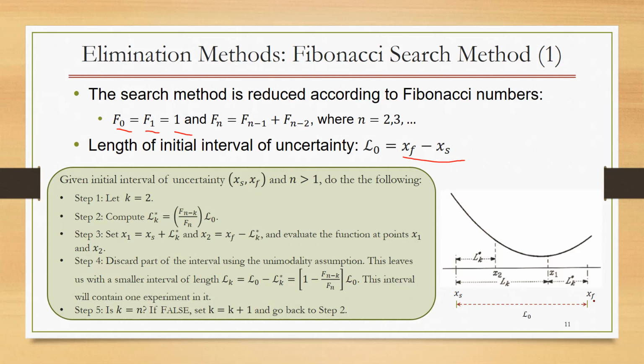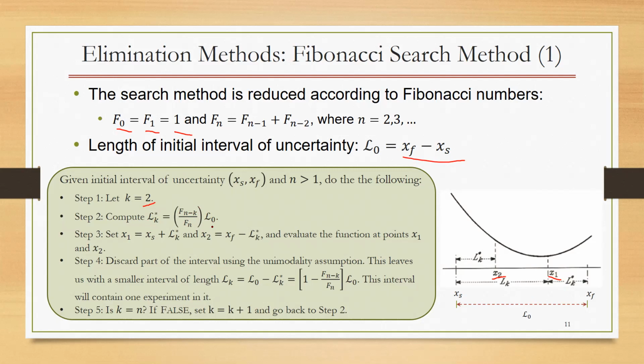First, we set k equal to 2, because in the first iteration we have to find 2 points, x1 and x2. Since we are doing 2 experiments, we put k equal to 2. Then we compute something called L star k. L star k is this ratio. If I put k equal to 2, it will be f of n minus 2 divided by f of n, times L naught.